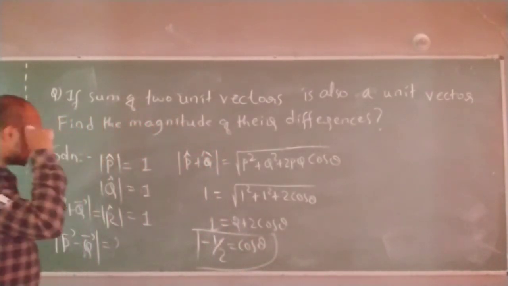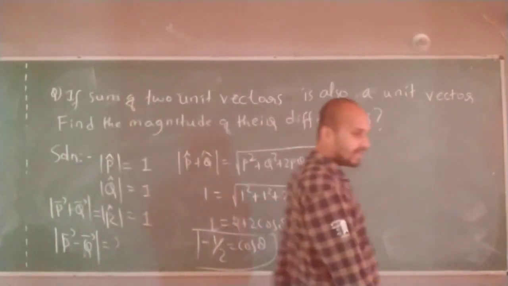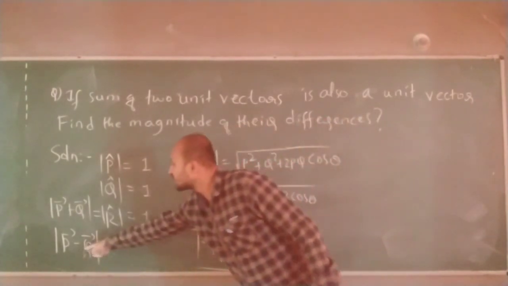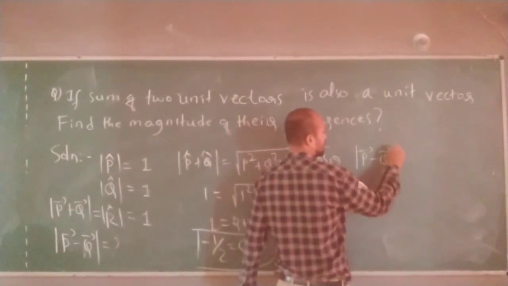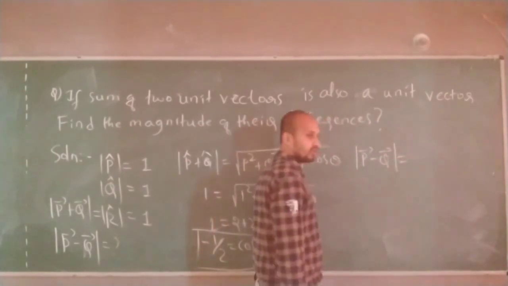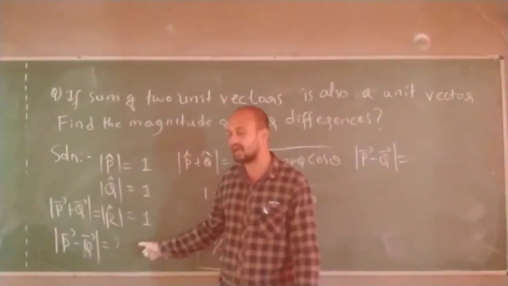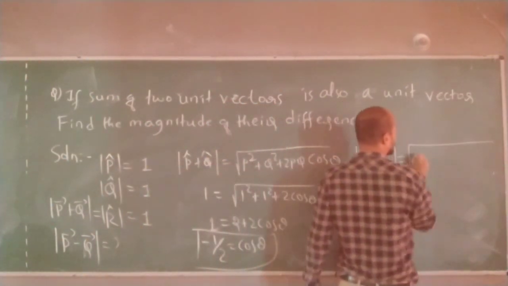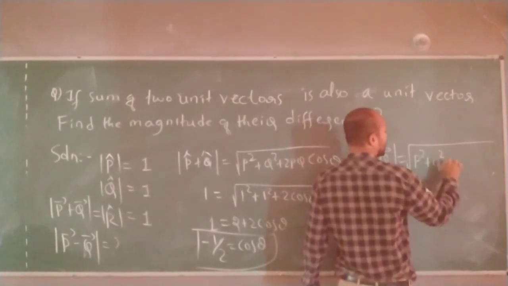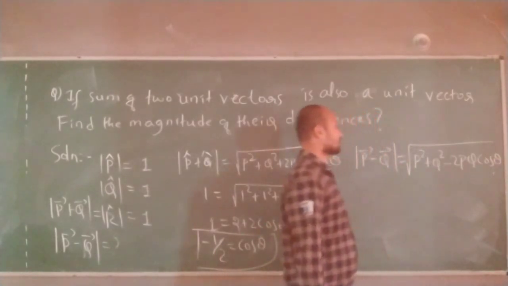Why I want this, I will tell you. You have to find with the same theta. If I am writing their difference formula, we have studied P minus Q in subtraction of vectors. If theta dash is there, that is different. If theta is there, I am going to write directly root of P square plus Q square minus 2PQ cos theta. Got it now?